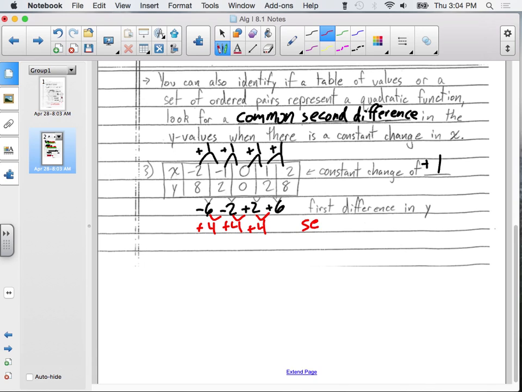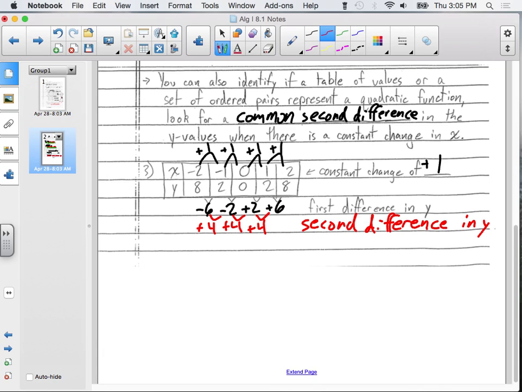This is our second difference that we just did. So our second differences are all plus 4, so that means it's a common second difference, or a constant second difference.